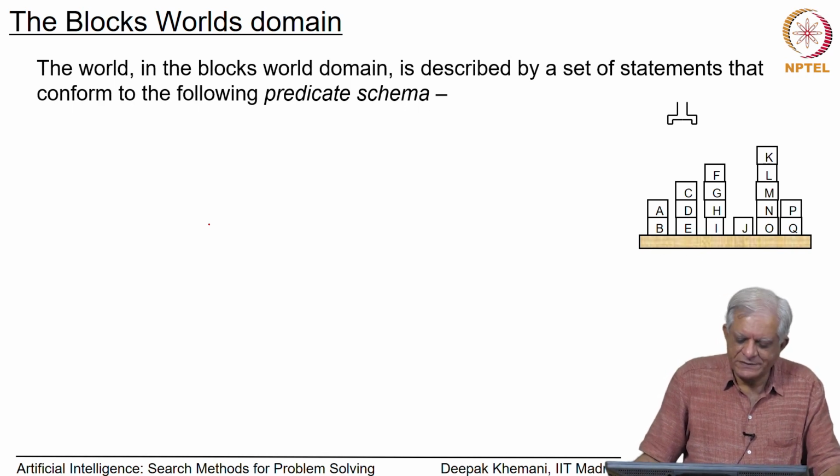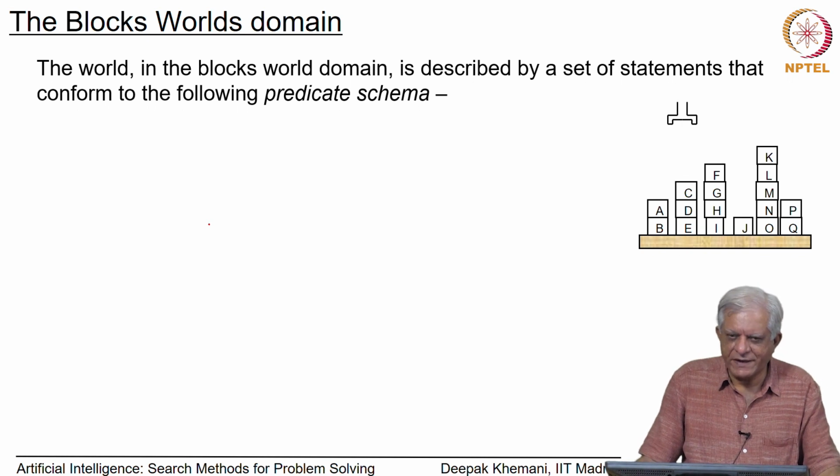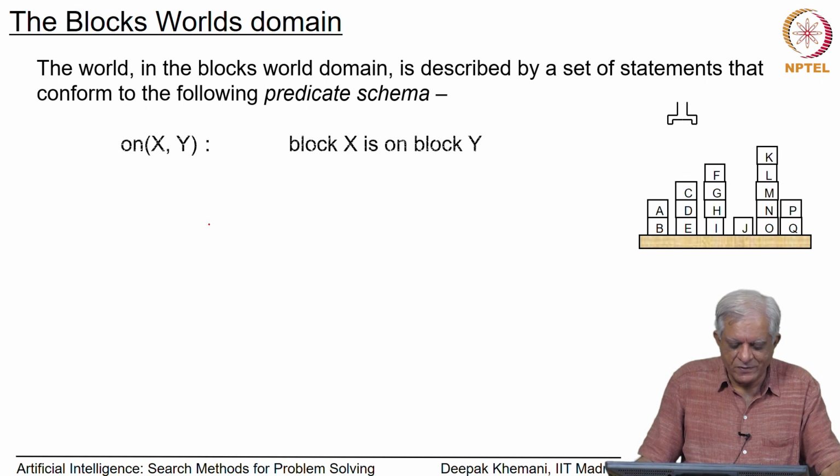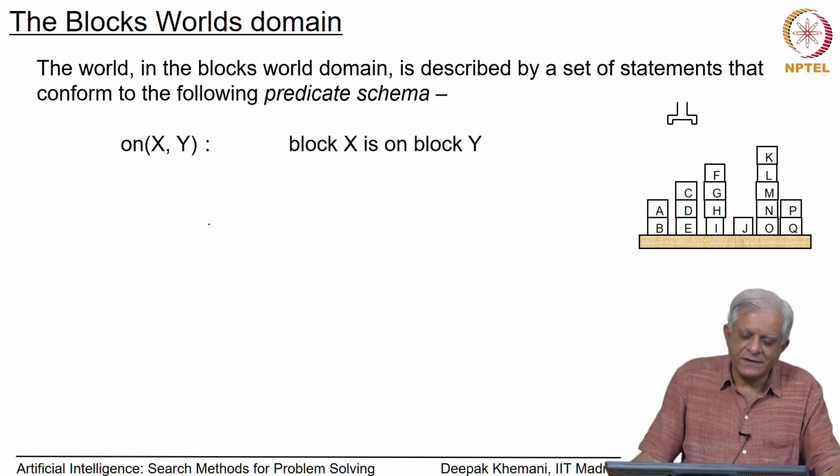So, the world is described by a set of statements that conform to a language, or a set of predicates that we have chosen to describe the world, and the predicates are as follows. There is a predicate on x y. So, on x y would be true if block x were to be on block y.